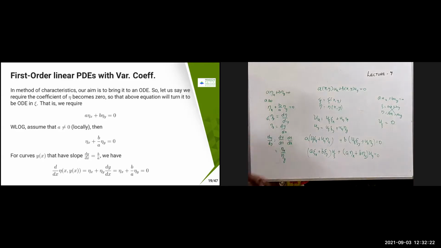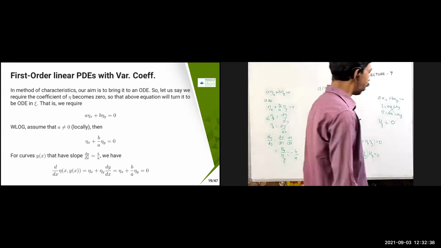Okay, eta x divided by eta y is going to become minus, so eta y goes here and eta x goes there, so I can write it as minus b by a. Okay, minus b by a. So I'm going to take that.